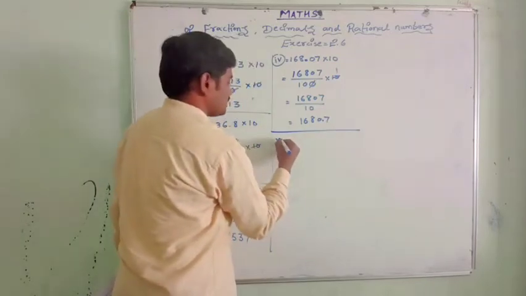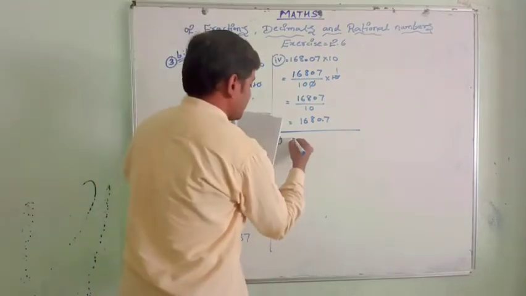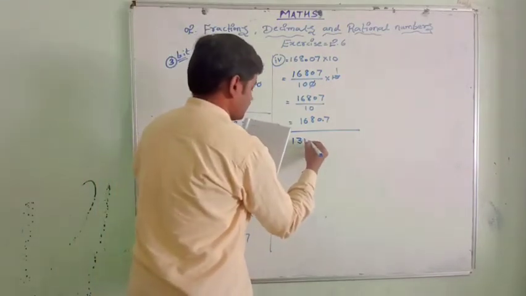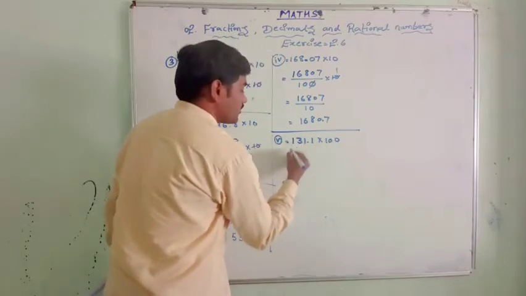One more. There is a fifth problem. Let me do it in that fifth problem. So directly I will multiply. 131.1 into 100. I am going to multiply here directly.